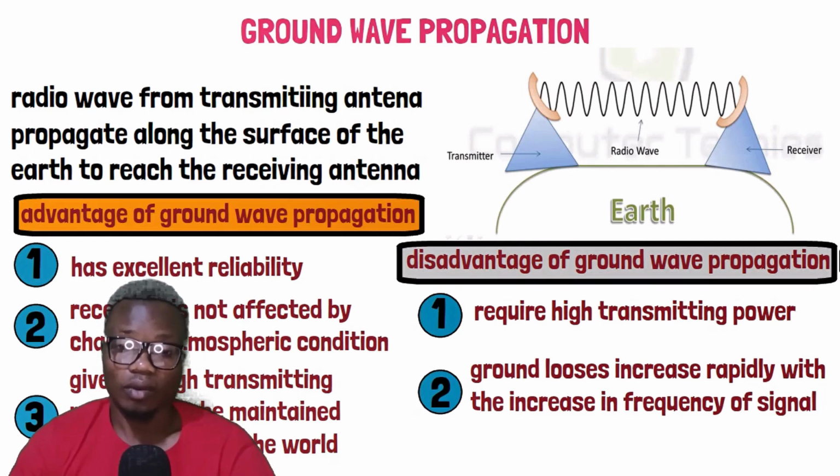Whenever the signal has high frequency, the ground losses become very high. When there are ground losses, the transmission of information starts to lose its efficiency, so there will be poor transmission of information. That is the next disadvantage of ground wave propagation.